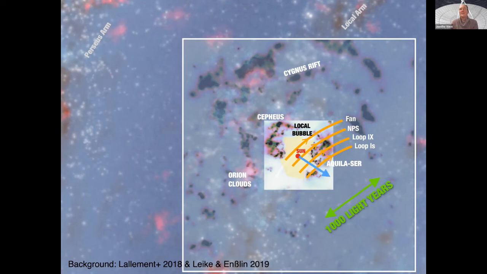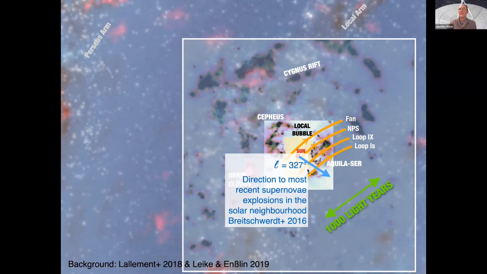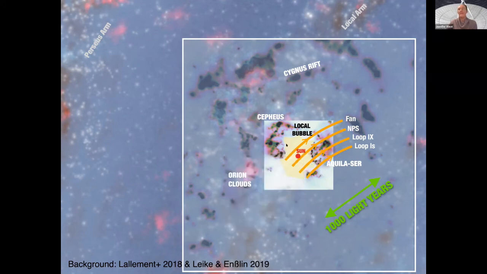Another interesting thing is that these lines are curved in kind of an arc. And this blue line that I've drawn here is actually the direction to supernova explosions. So this yellow bubble that I'm showing here, in the pale yellow, when I showed that three-dimensional map of the dust, there was that blank region.